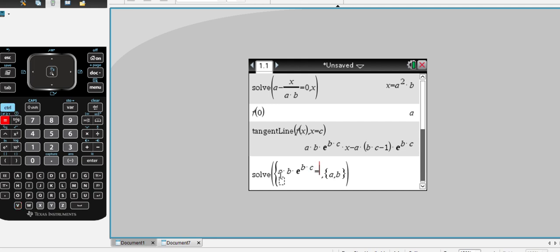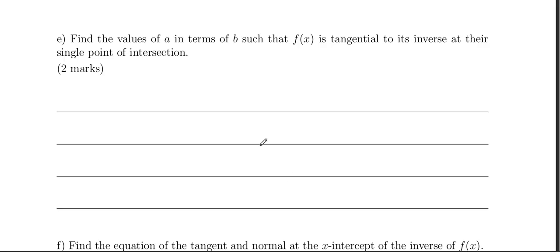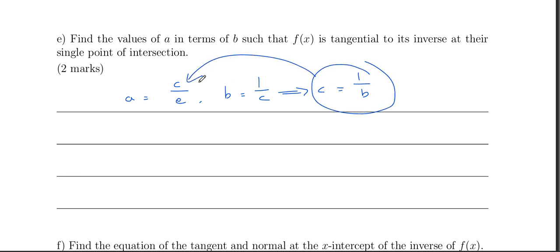This should be equal to 1, and this is equal to 0. And we get this. So a is equal to c over e, and b is equal to 1 over c. But we wanted a in terms of b only, so we're going to rearrange this one. We're going to get that c is equal to 1 over b. And then substituting this into there, we'll get that a is equal to 1 over b e.